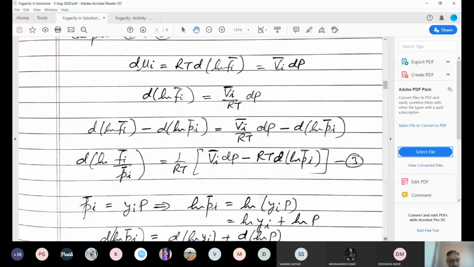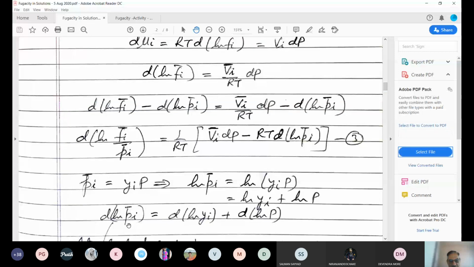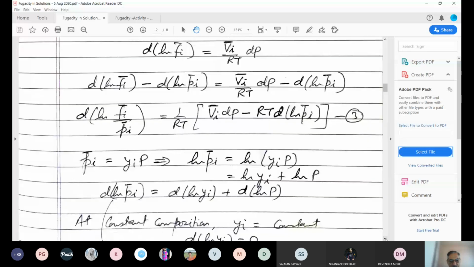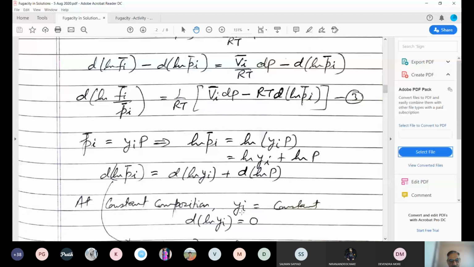No, sir. Okay. And we know that Pi bar is equal to Yi into P, so we can write ln of Pi bar equal to ln of Yi into P, that is equal to ln of Yi plus ln of P. So d ln Pi bar equals d ln Yi plus d ln P from this equation. At constant composition, we always take constant composition, so Y is constant.